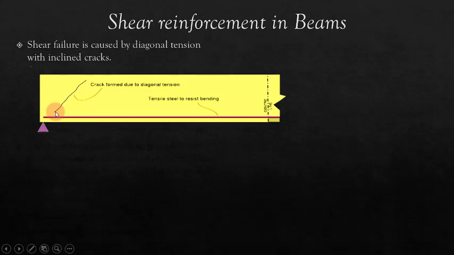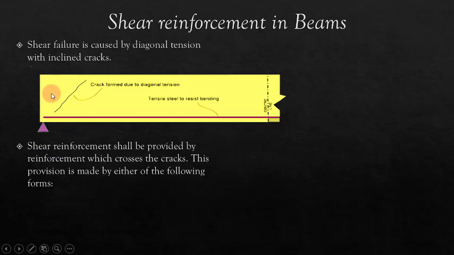The shear failure is caused by diagonal tension, with cracks running at 45 degrees to the beam axis. So, we must provide some kind of steel reinforcement to prevent the separation of the concrete along the crack. In other words, we must provide steel reinforcement to keep the two parts together.